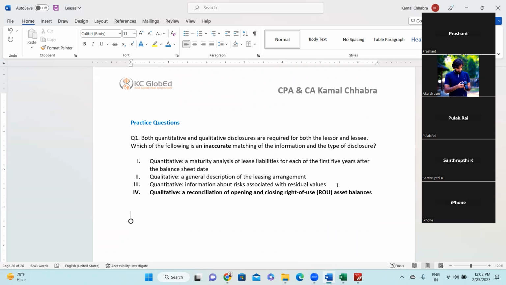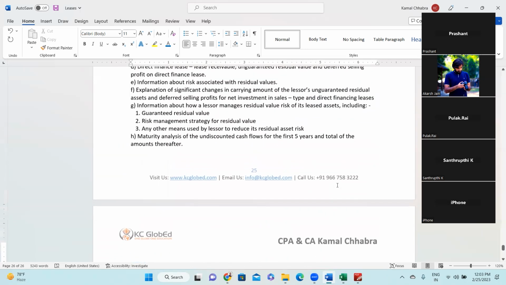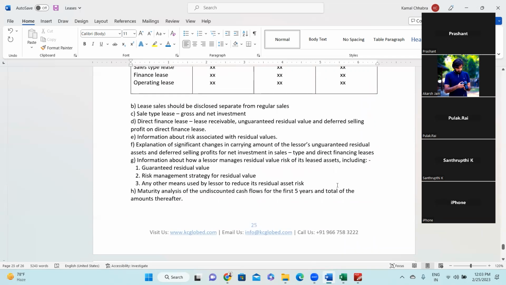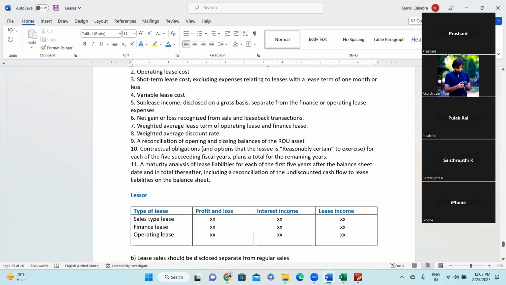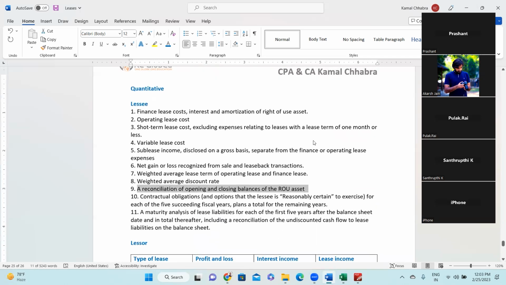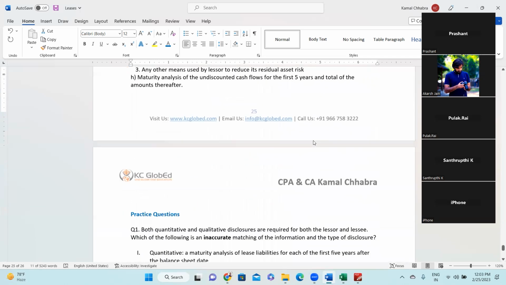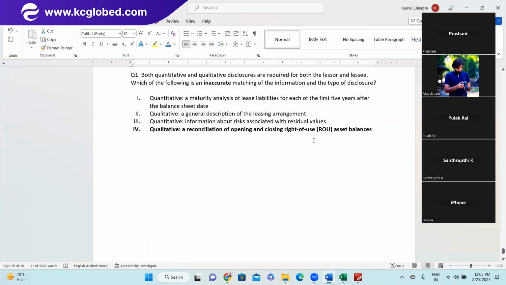Fourth is qualitative: a reconciliation of opening and closing right-of-use asset balance. Is it quantitative or qualitative? The reconciliation of opening and closing balance of the right-of-use asset is a quantitative disclosure, not a qualitative disclosure.